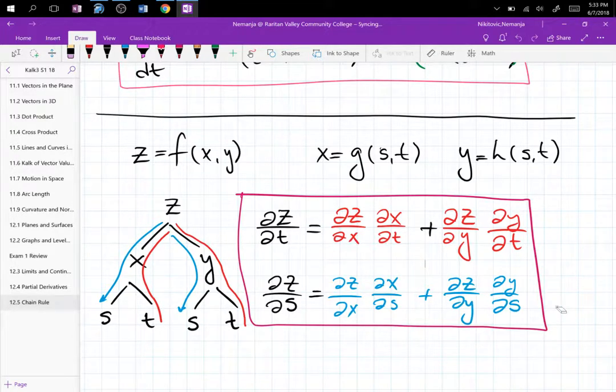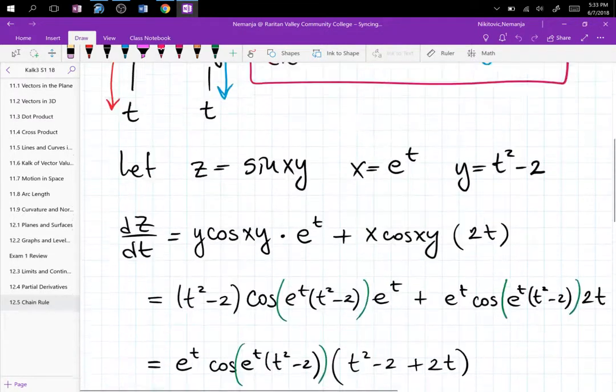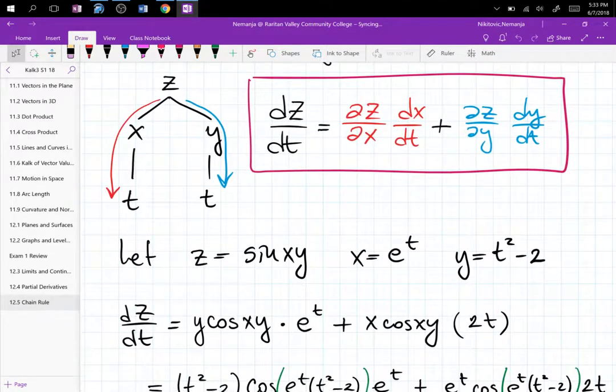Why is the first part of the equation partial dz over dt and not a regular derivative? Because you mean the black part? Yeah, the black part. Because again, when you're getting to t, you have to treat the branching. On the top over here, it was a straight through, so this is a regular derivative.